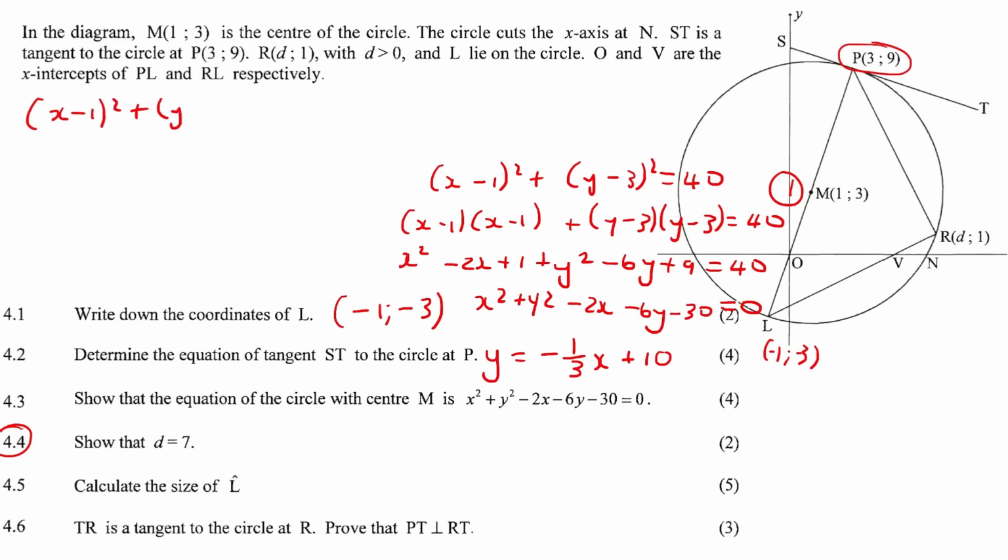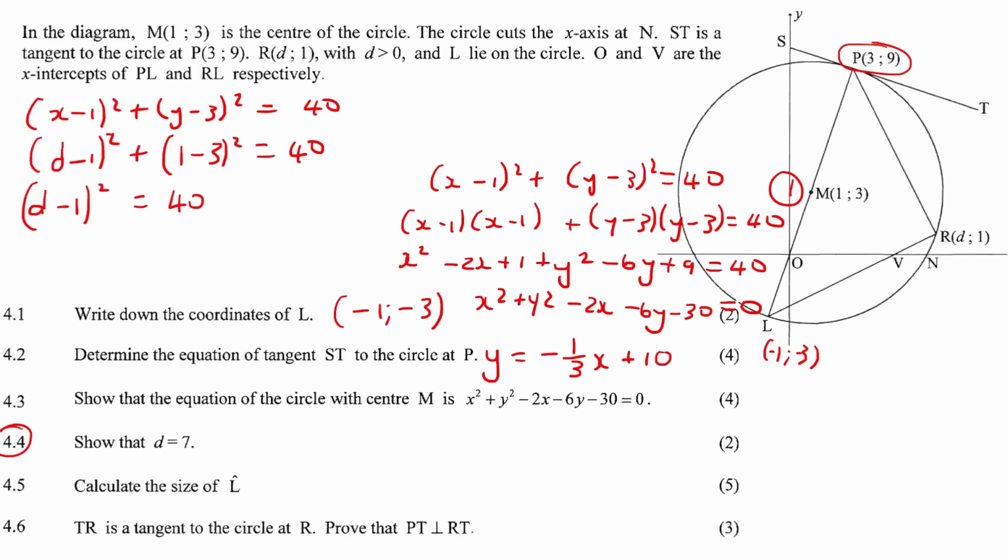So let me just write it out over here again. Okay, so the x is d and the y is 1. And so you're going to end up with d take away 1 squared. And then on the other side, you're going to end up with 40 minus, now this over here just gives you 4, so it's going to be 40 minus 4. So we end up with d minus 1 squared equals 36.